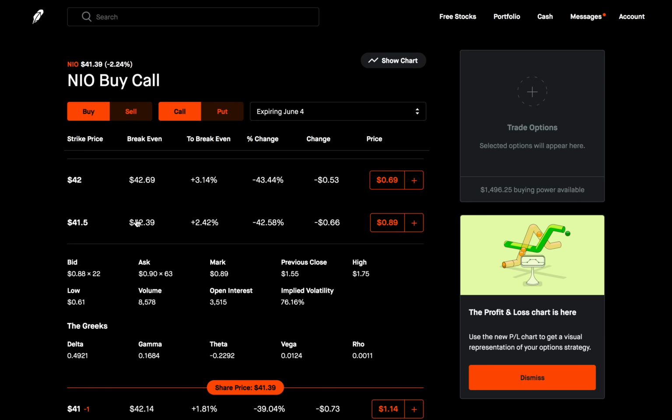And so the concept I want to quickly talk about is implied volatility, also known as IV. So this represents the expected volatility of a stock over the life of the option. Now, IV is directly influenced by the supply and demand of the underlying option and by the market's expectation of the share price's direction.